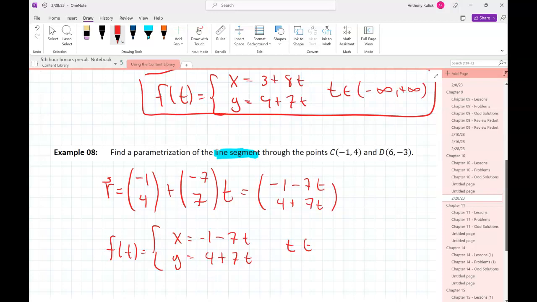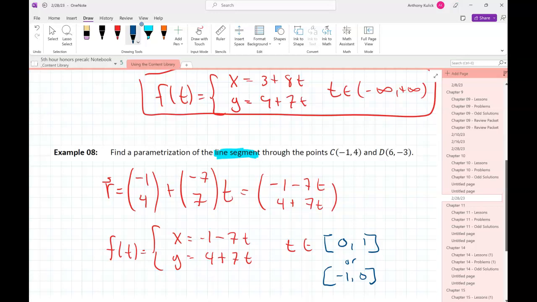And here is the very best piece of this. Because if you're using a vector line equation to do this for a segment, your interval is always going to be either [0, 1] or [-1, 0].